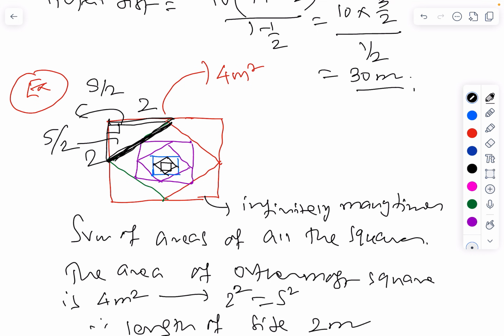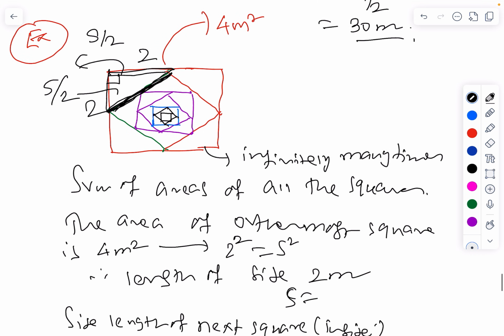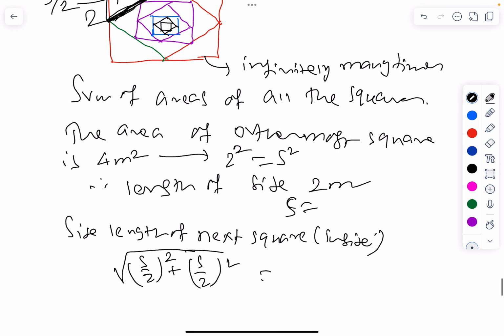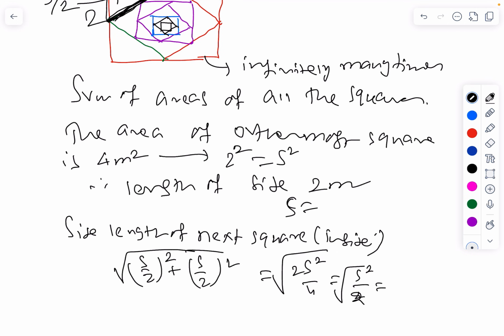That is S squared by 4 plus S squared by 4, which is 2 times S squared by 4, so S squared by 2, and its root. So that side is S by root 2.